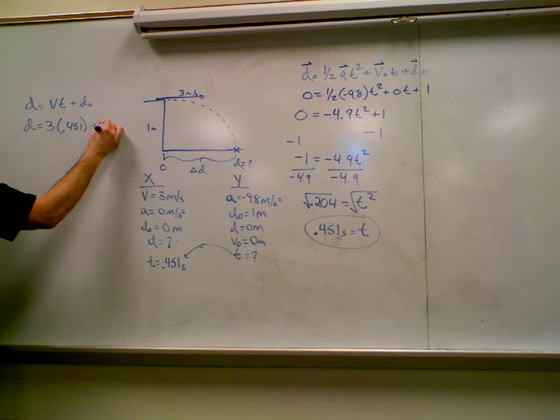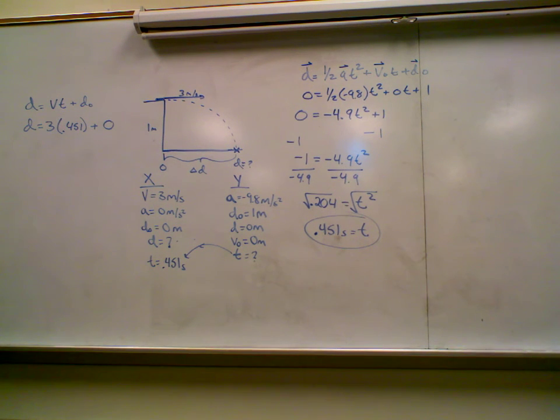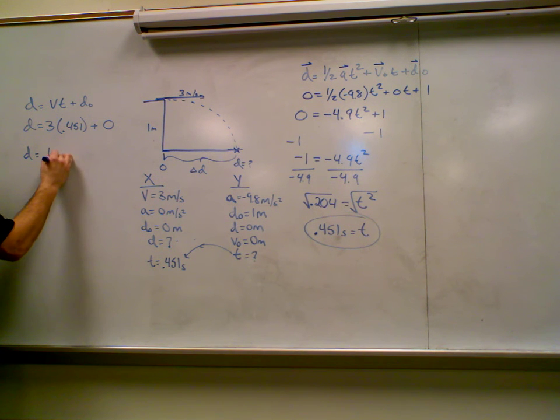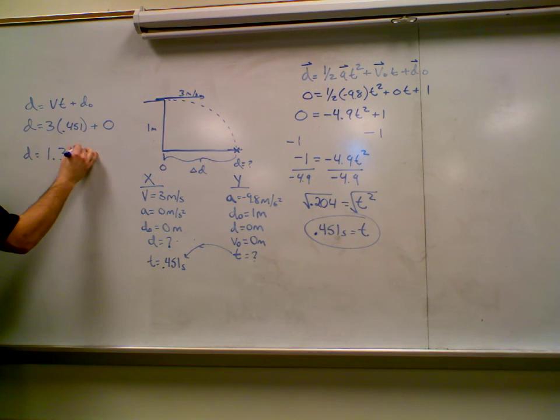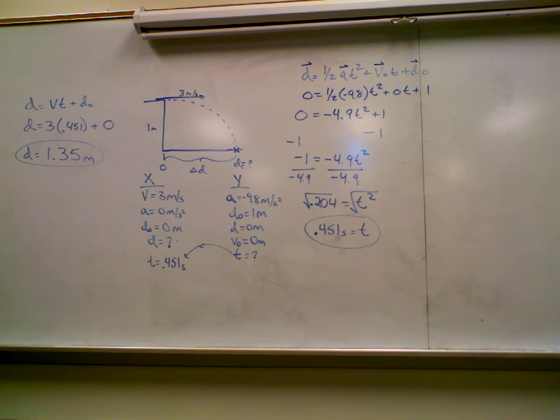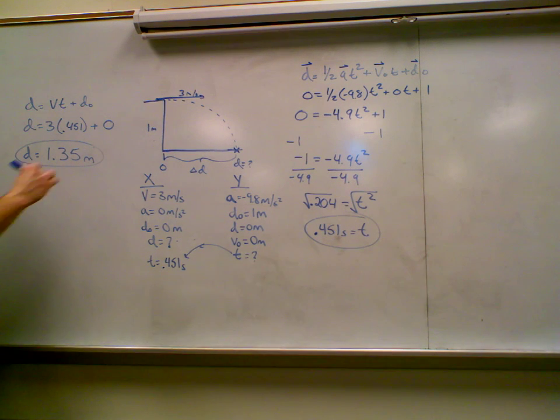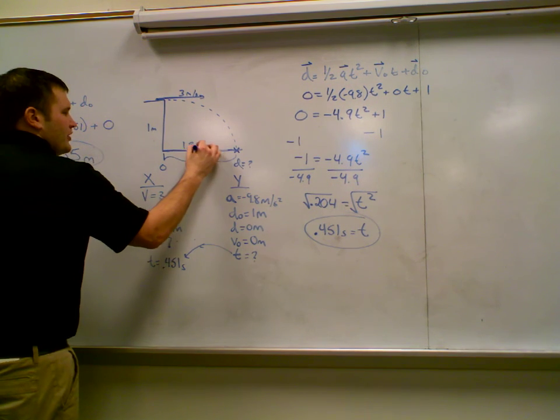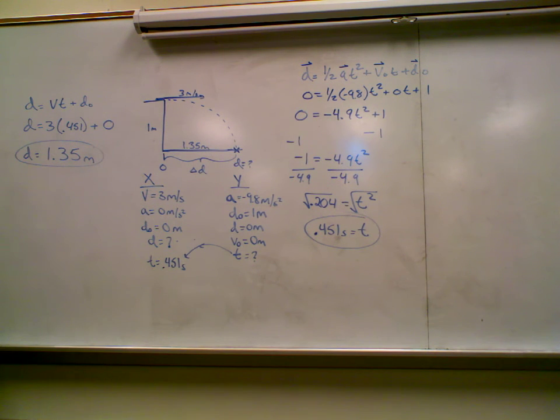We know initial position is 0. 3 times 0.451 is 1.354, so distance is 1.35 meters. So the penny will hit the ground 1.35 meters away from the base of the table. Does that make sense? Yeah.